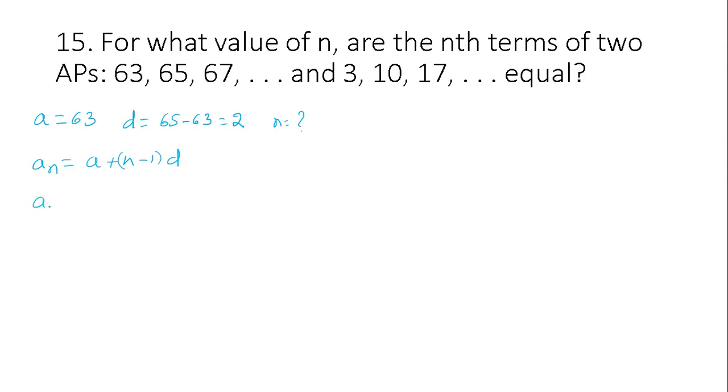AN is equal to 63 plus N minus 1 into 2. AN is equal to 63 plus 2N minus 2. AN is equal to 63 minus 2 plus 2N.